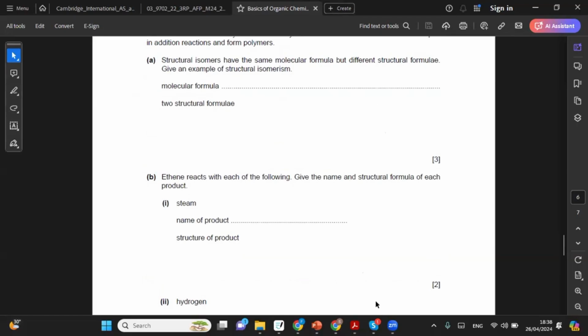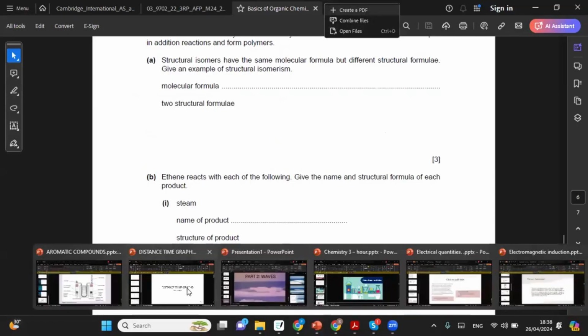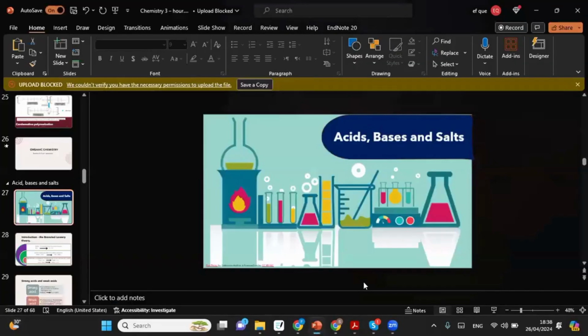My tip for preparing well for your exams: please take a sheet of paper and, while you're studying organic chemistry, list down all the reactions on that piece of paper. Okay? This way you will have sort of a cheat sheet.